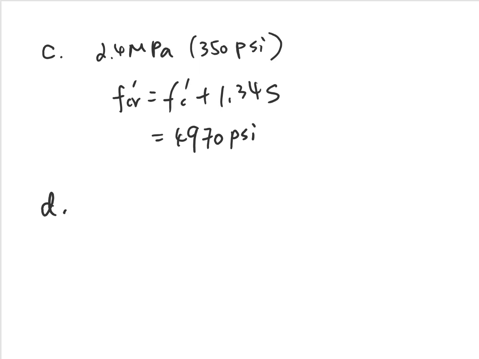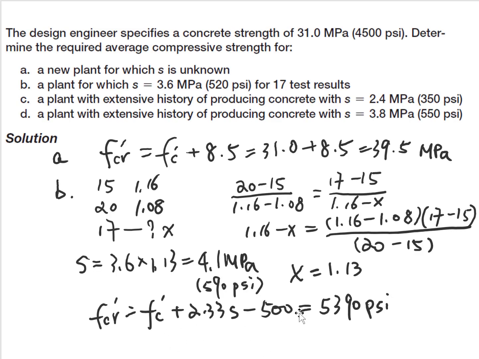The last question. So we have a plant with extensive history of producing concrete with S equal to 3.8 MPa. So 3.8 MPa is equal to 550 psi. So then it's larger than 500 psi. So we need to use this formula here.